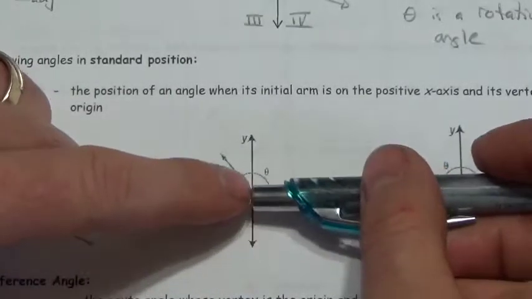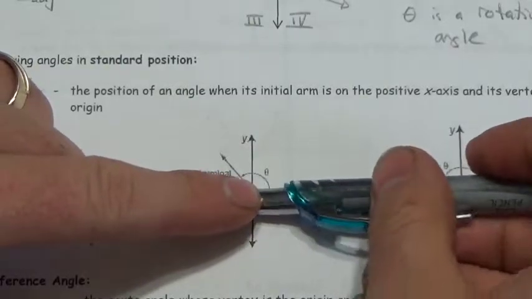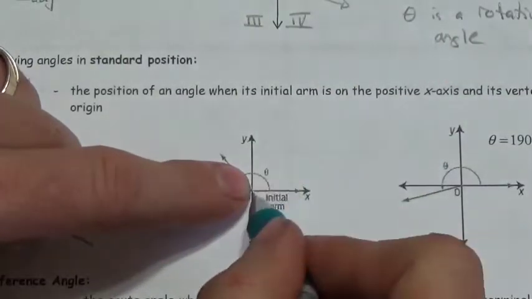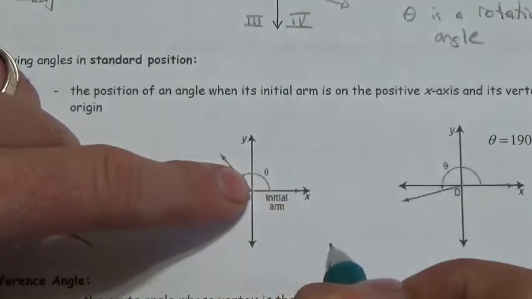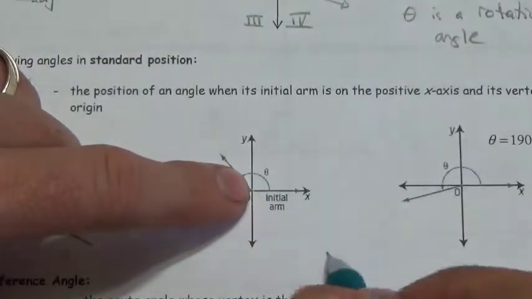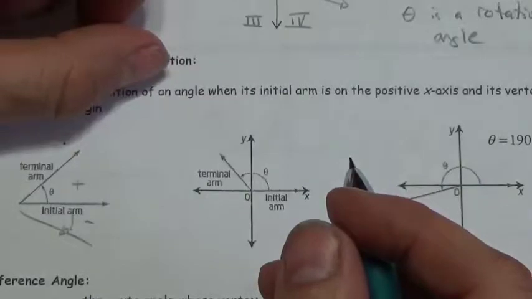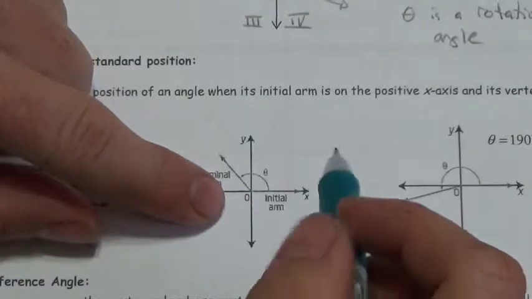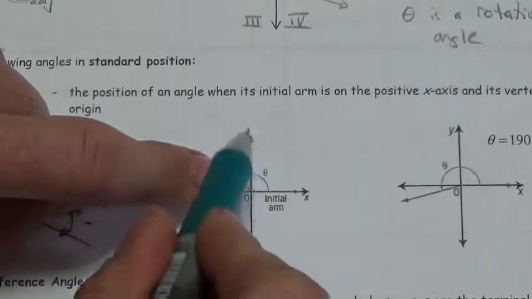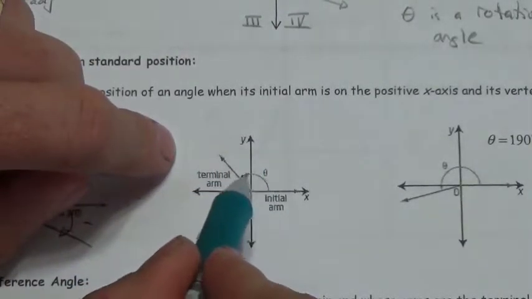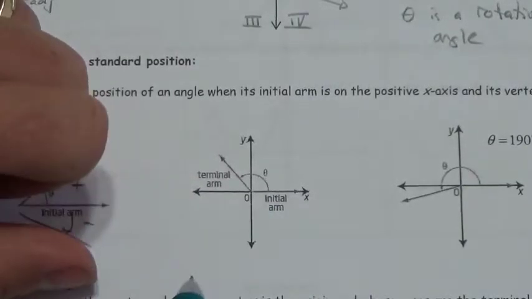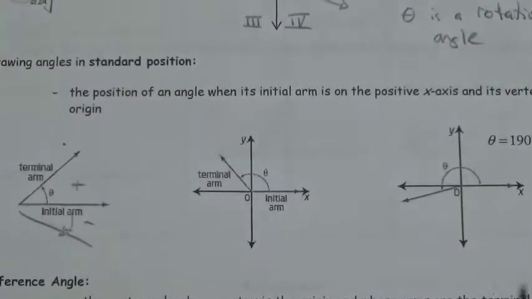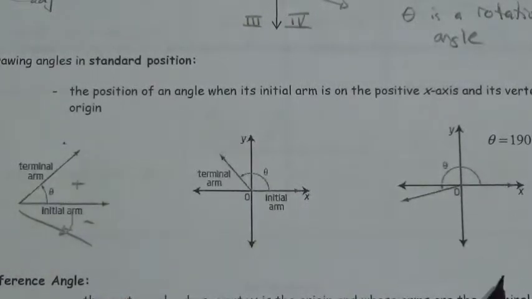If I start here and rotate out, and my terminal arm ends in the first quadrant, then I create a triangle that I'm completely comfortable with, a simple right angle triangle. But as soon as that angle crosses the y-axis, now this angle is too big to be in a right angle triangle. And so the question is, how do we deal with that? We'll talk about that in just a second, but that introduces some interesting possibilities.